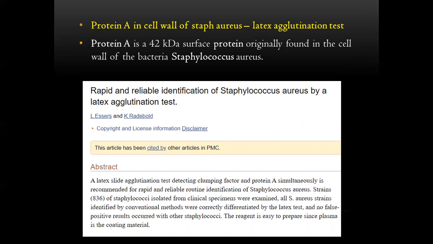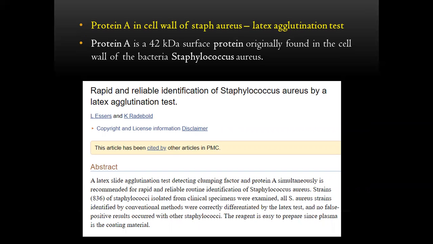The next question was about protein A, which is present in Staph aureus. The question was something like identification of protein A in the cell wall of Staph aureus. For that, generally latex agglutination test is used. Protein A is a surface protein originally found in the cell wall of the bacteria Staph aureus.